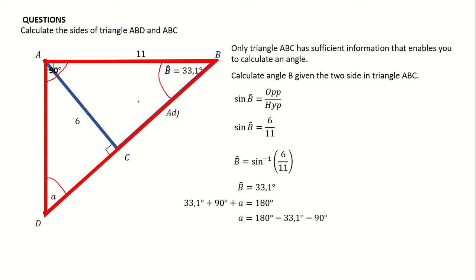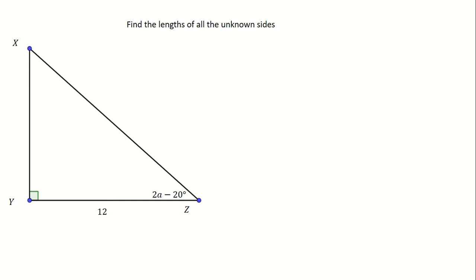For me to calculate A, I'm just going to take angle B, add it with 90 and add it with alpha. It's supposed to give me 180, the angles of a triangle, and then I'll just manipulate the formula for me to solve for alpha. I simply calculated the angles. I need you to work out how to calculate the sides, okay? Please calculate sides for me.